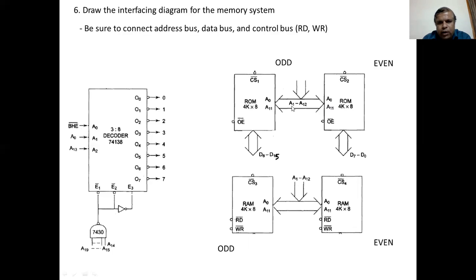Here we have not included the A0 address bit, because the A0 address bit is directly connected to the A1 select input. So the remaining A1 to A12 are connected to the address inputs of both the ROMs. And similarly here, the address lines A1 to A12 of the 8086 microprocessor are connected to the address inputs of the RAM chips, A0 to A11, A0 to A11.